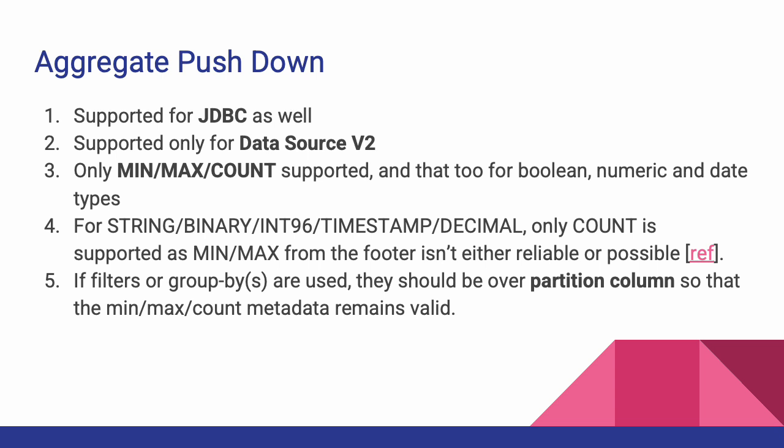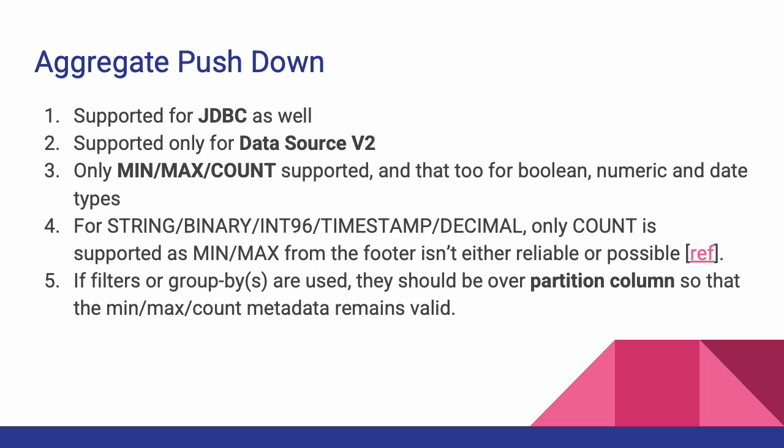And that is fine. So if you have a filter on the partition column, that can take advantage of aggregate pushdown. But if you have a filter on a non-partitioned column, then the statistics of the row group may not apply to the result set you are looking for. And in that situation, the aggregate pushdown won't be applied internally.